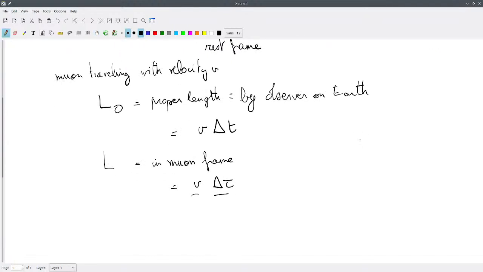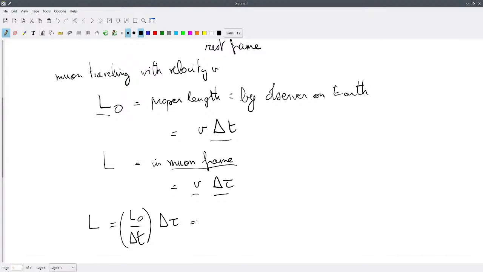Now we can calculate what L in the muon reference frame will be in terms of the proper length, the actual length that the muon traveled in a reference frame that doesn't move with respect to the points where those points were measured. So that will be v times delta tau. v is L0 over delta t, so that's L0 over delta t times delta tau.